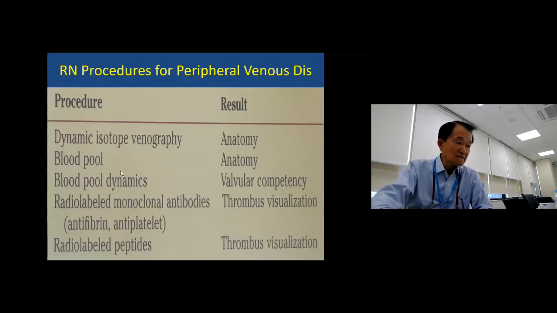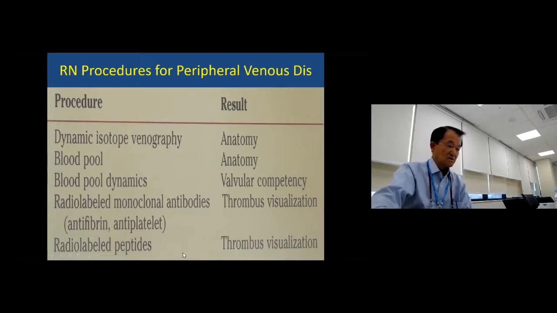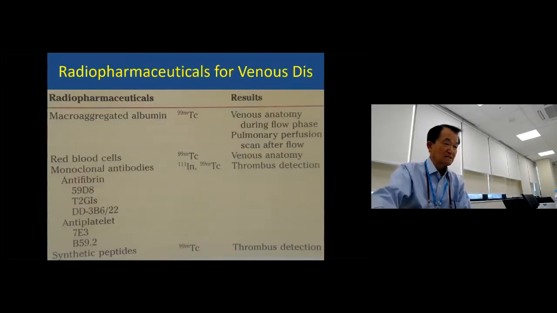So there are a lot of techniques, basically anatomical studies, but certain specific radio-labeled anti-platelet and anti-fibrin agents are more specific for thrombus, such as peptides, etc. Technetium and indium labels have been used.